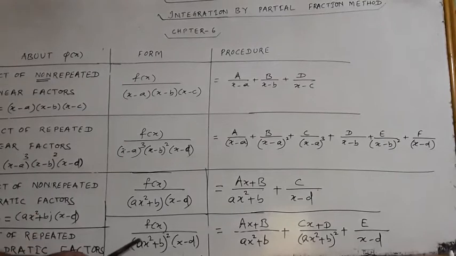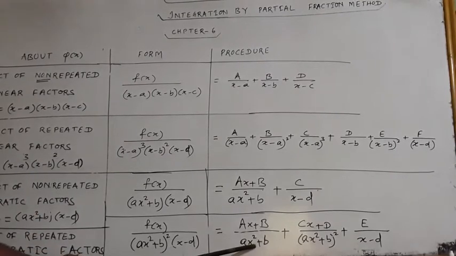In that manner I am doing. So it is in this form, ax² + b, and the numerator is ax + b.